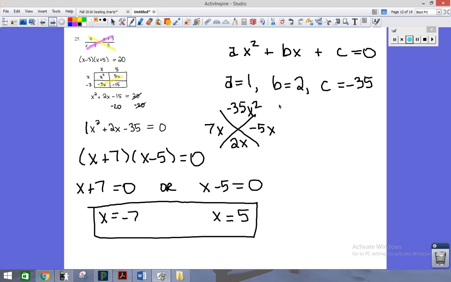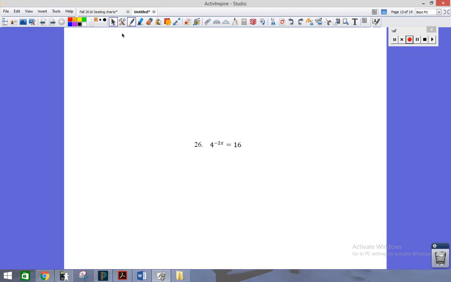All right. Now, these are some of the ones that we've been looking at recently. We've got 4 raised to the negative 2x power and 16. These type of equations, we can write them with the same base. See, this exponent negative 2x has a base of 4. And I would love to rewrite 16 with a base of 4.